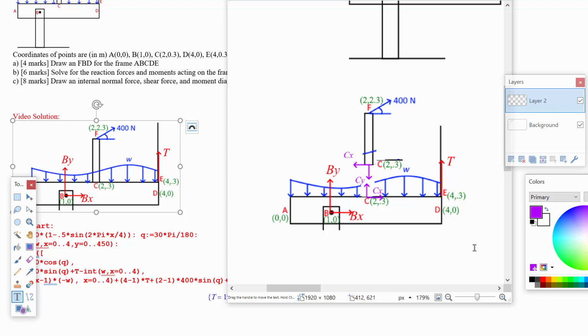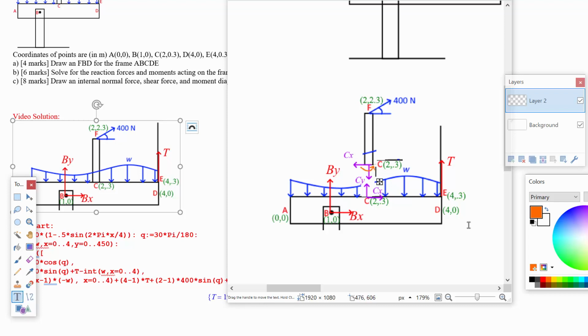Because it's a fixed support, you could tell already by the C force that would have to be there to counteract this. We also are going to need a moment applied to this to counter that. And you can tell what way that has to be by the one that would counteract the couple produced by this force and that force. That's going to tend to make it spin like this. So we need a moment applied in the other direction.